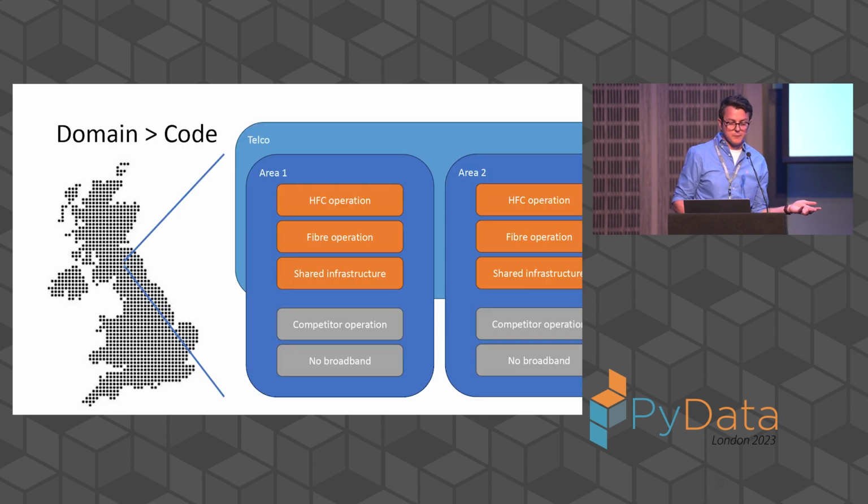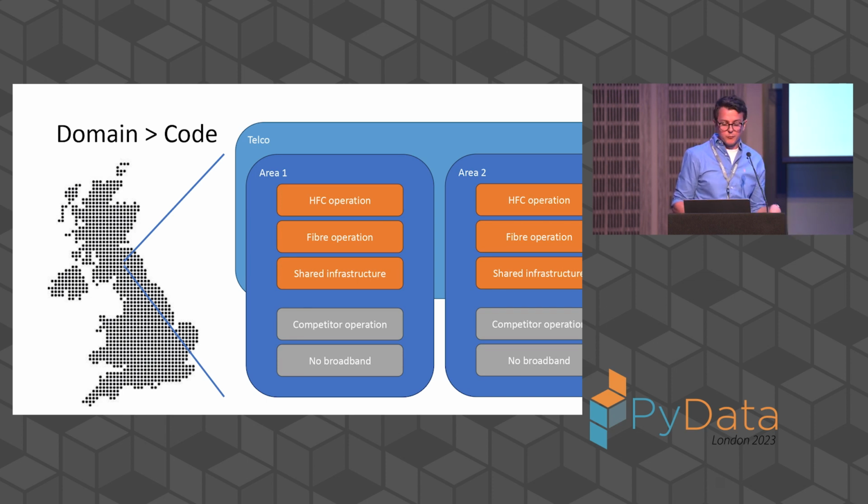But how do we come up with these numbers? And this is where we start getting a bit more into the details of the simulation. So we start off, as I say, across the UK, and we break the UK up into areas which we can treat largely as independent things, which is nice. And then for each of those areas, we simulate our HFC operation, our existing hybrid of fibre and copper, our fibre operations, which we're looking to roll out, the shared infrastructure, our competitors, customers who don't have broadband at all yet.